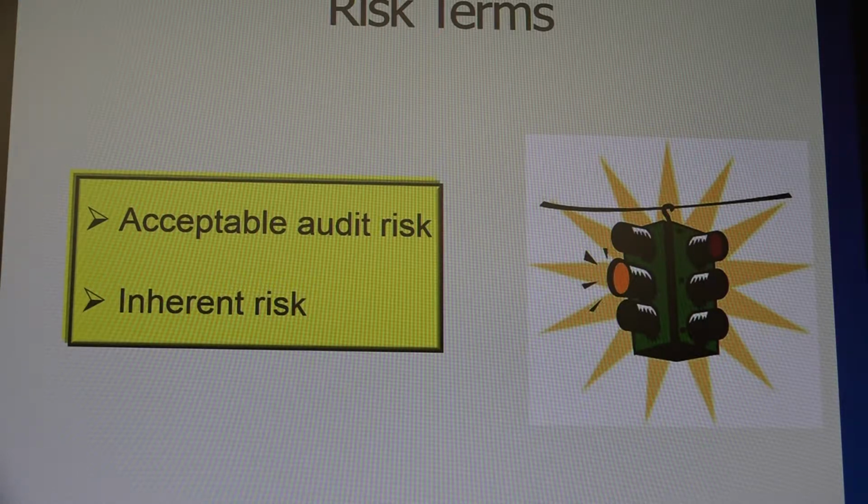And so they use the example that if the auditor concludes that there's a high likelihood of material misstatement in accounts receivable due to changed economic situations, the auditor could conclude that there's an inherent risk that accounts receivable is possibly too high.